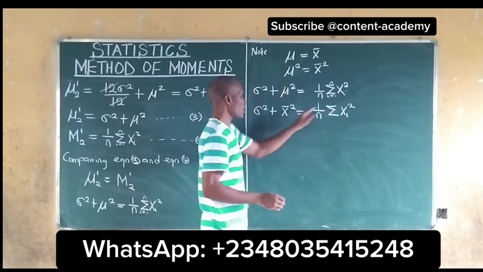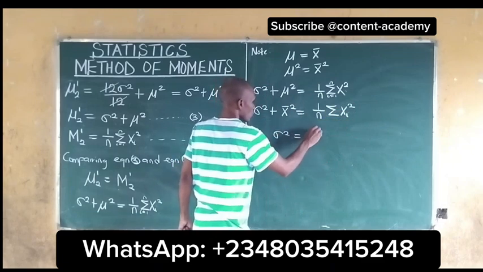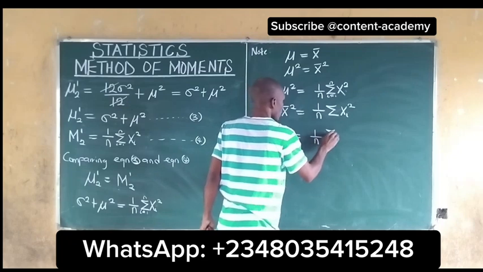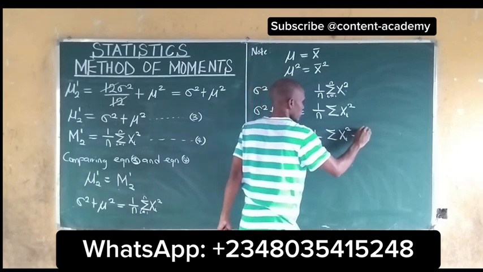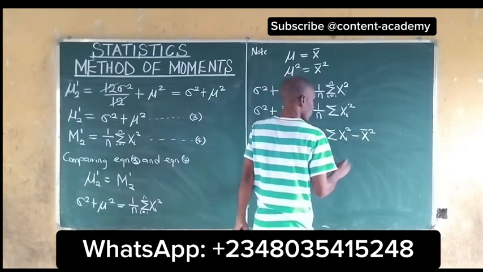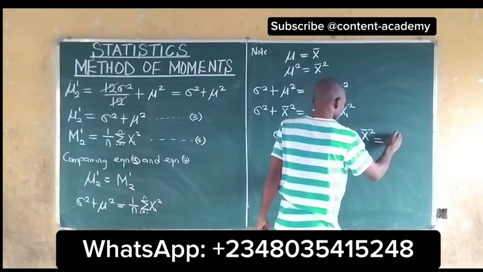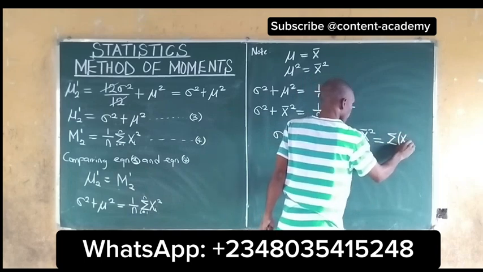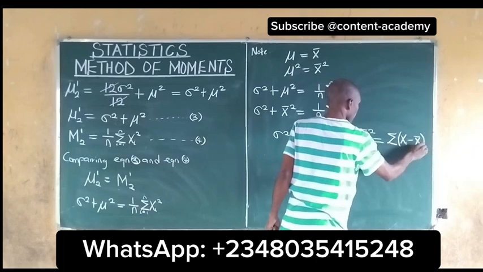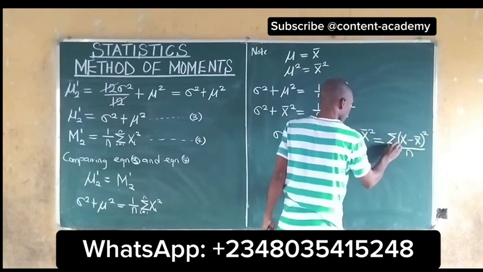Of course, this can move over to this other side to give us sigma squared to be equal to 1 all over n summation of xi squared minus x bar squared, which is the same thing as summation of xi minus x bar all squared all over n.